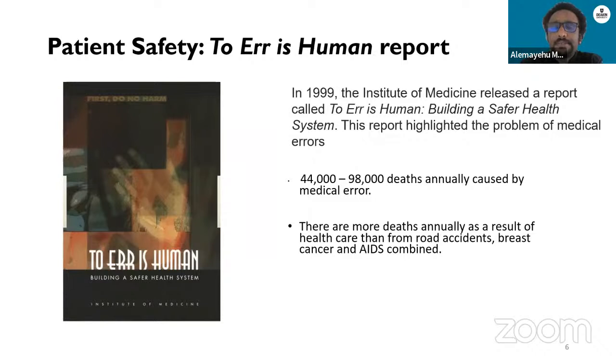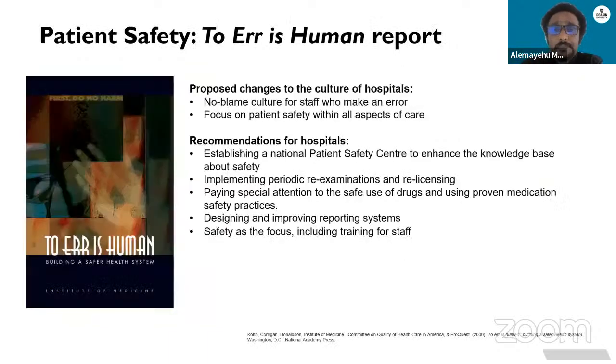This is the first report that galvanized the medical community for patient safety initiatives. This was a huge number at that time; there were more deaths annually as a result of healthcare than from road accidents, breast cancer, and AIDS combined. This is data from 1999, so this is a very important report.